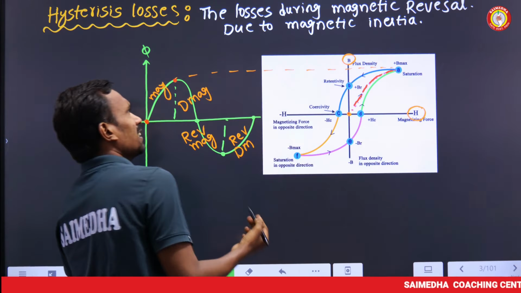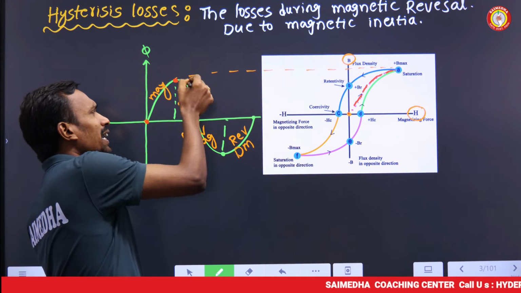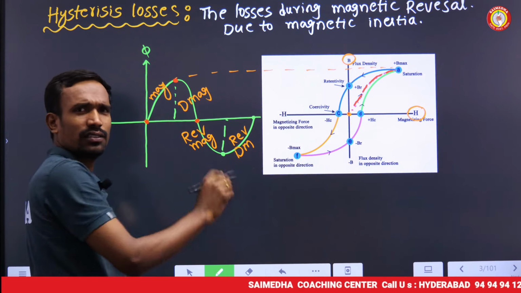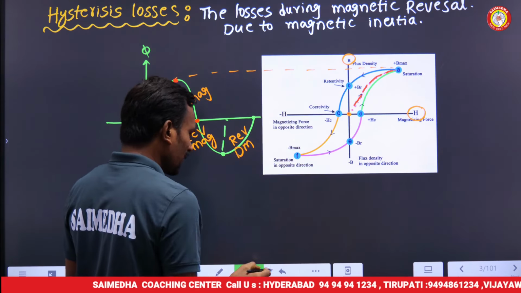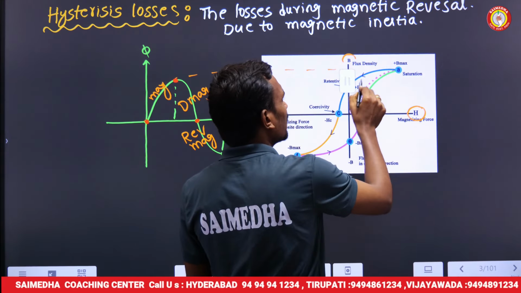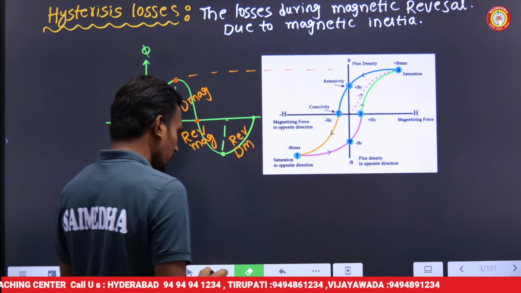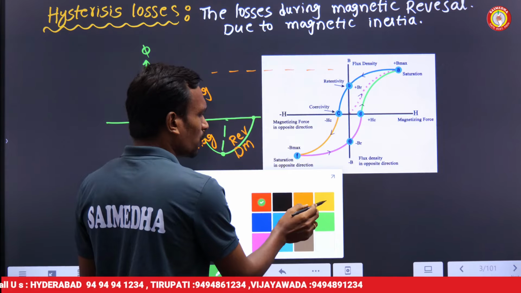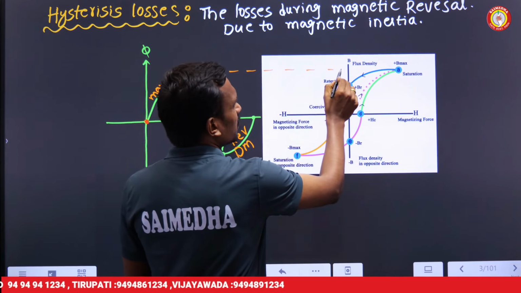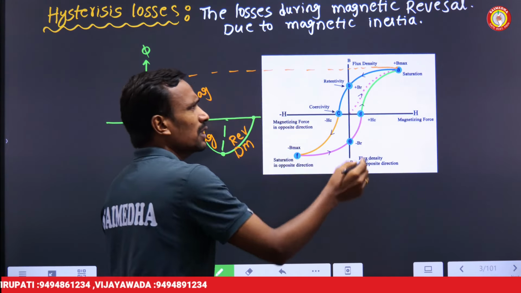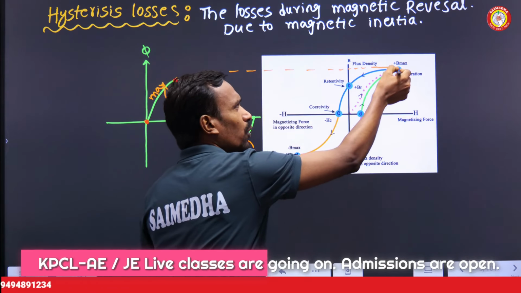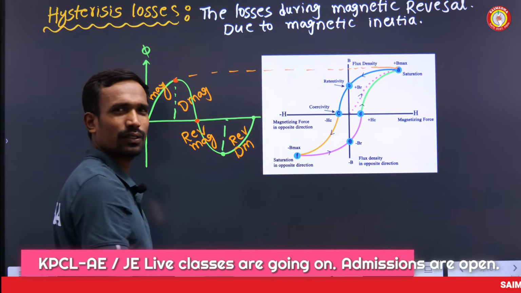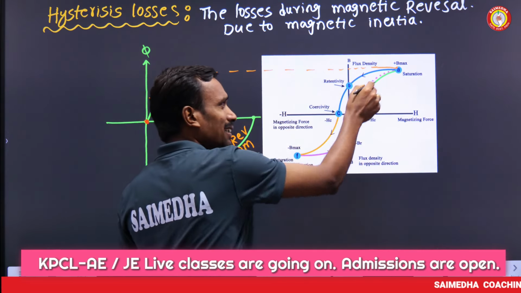After the magnetization, again we need demagnetization. During this demagnetization, the flux does not go straight to 0. It decreases from maximum to 0 through this curve, not straightly.